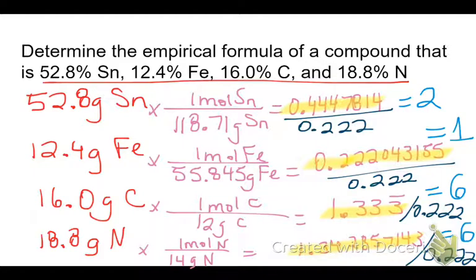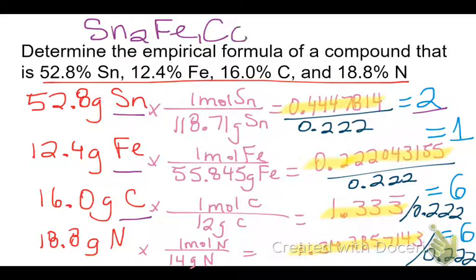And so our first one was tin. So we have Sn, and there's 2 of them. So there's going to be a little 2 right there. And then the next element was iron, and there was 1 of them. The next element was carbon, and we had 6 of them, and nitrogen also had 6 of them. So that is our empirical formula for this compound.